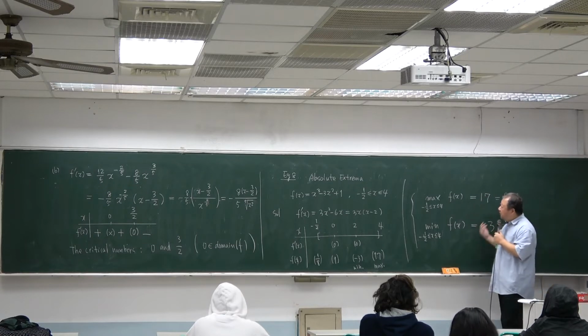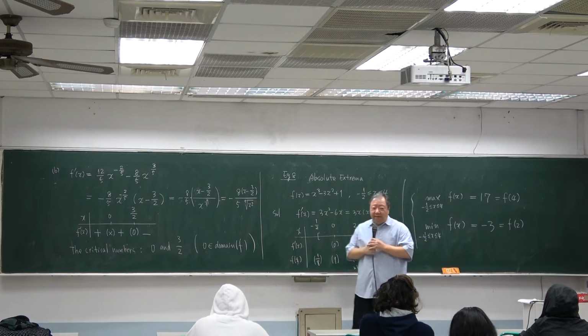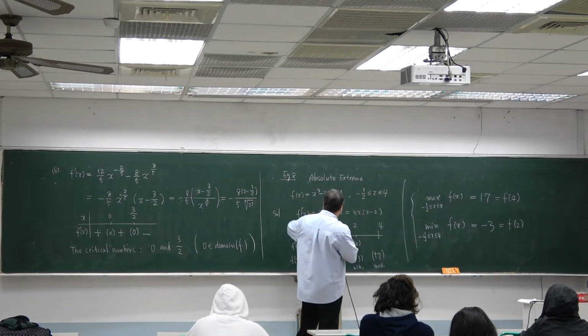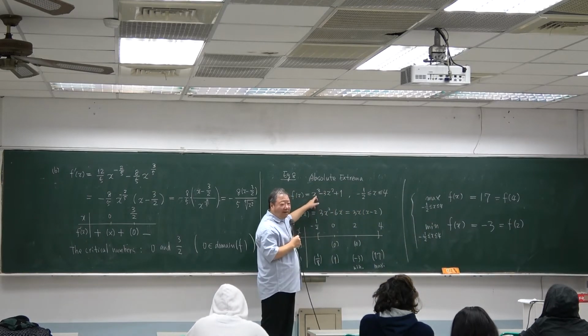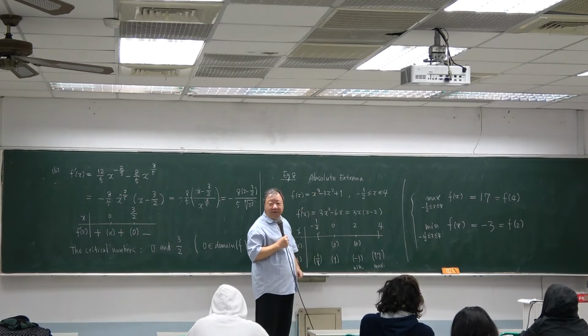If this function is linear, then this is a linear programming. But now the function f is a polynomial function of degree 3. This is not a linear function.